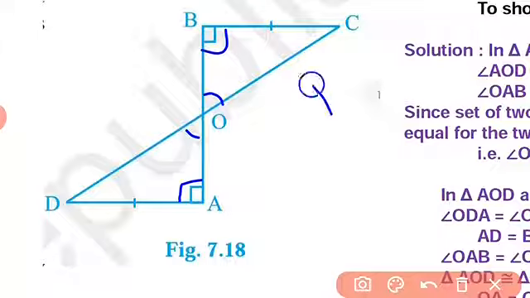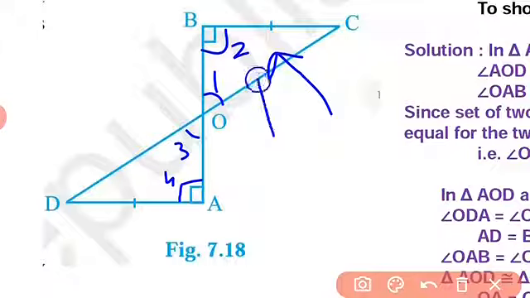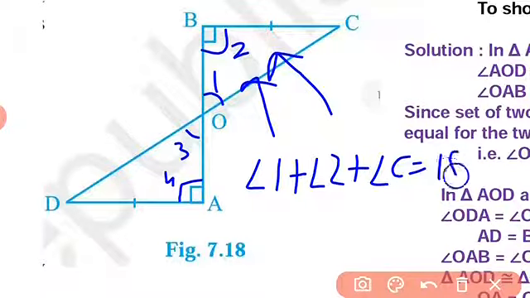if I apply angle sum property in this triangle, let's take angle 1 and angle 2, and this as angle 3 and angle 4. So if I apply angle sum property in this triangle, what will I get? Angle 1 plus angle 2 plus angle C is equal to 180 degrees.